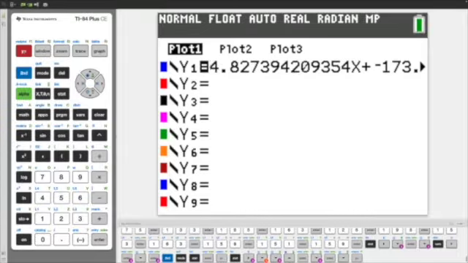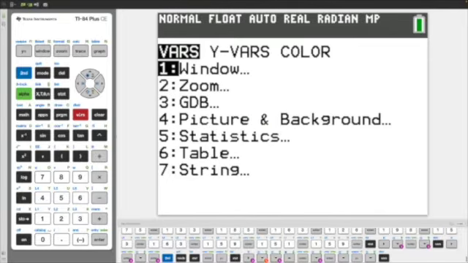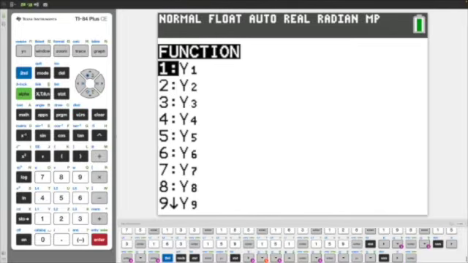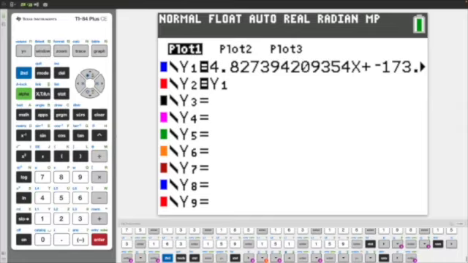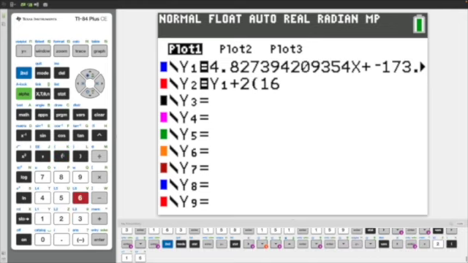So if I go to y equals, I need where 2 standard deviations above the line would be and where 2 standard deviations below the line would be. So I'm going to do vars, yvars, function, y1, and I'm going to add 2 times that standard deviation, which we found was 16.4.